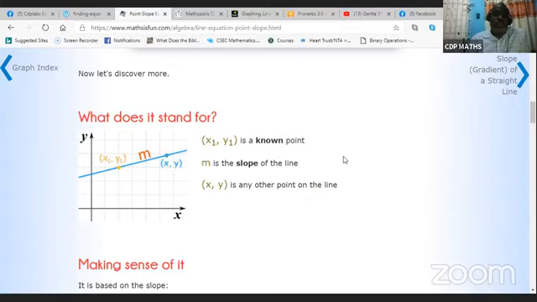So they'll give you the point and the gradient to find another point. When do we use the point slope form? We use it whenever they give you a point and the gradient, and they are expecting you to use those two bits of information to find another point on the same line. Just that.